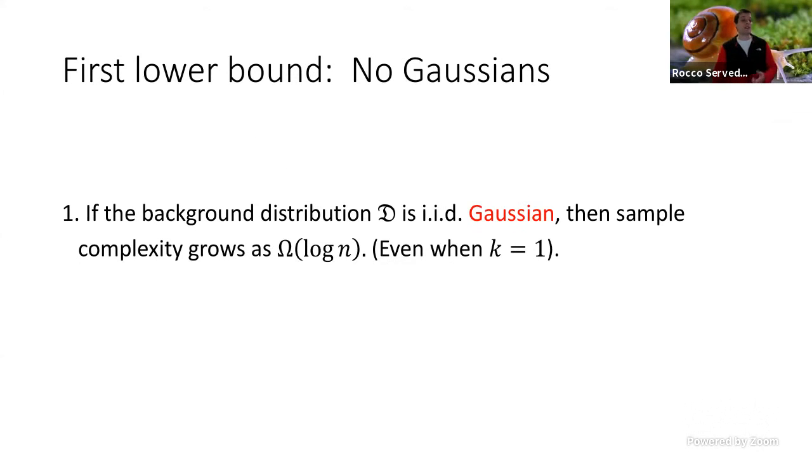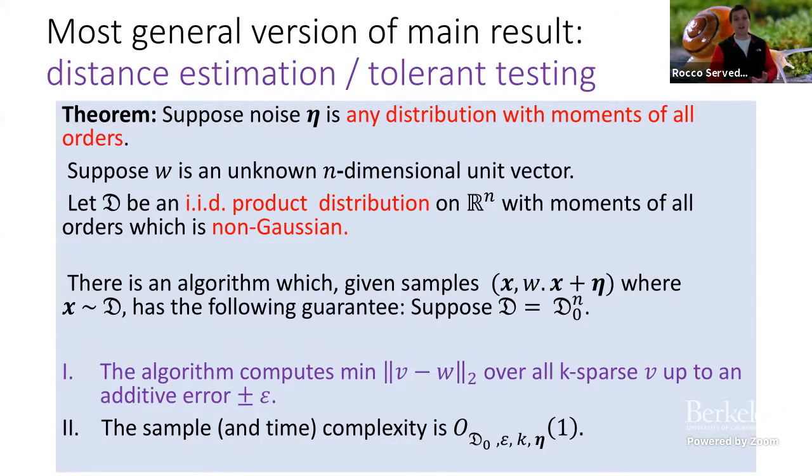So I'll tell you about these lower bounds. The first one basically is this Gaussian condition. It says you're not going to be able to solve this problem with a sample complexity independent of n if the distribution is Gaussian. And this is true even if you're just considering the simplest case of one sparsity. As a comment in this vein, this is why we inherently have to have a dependence, if I go back a couple of slides, on the underlying ambient distribution D0.